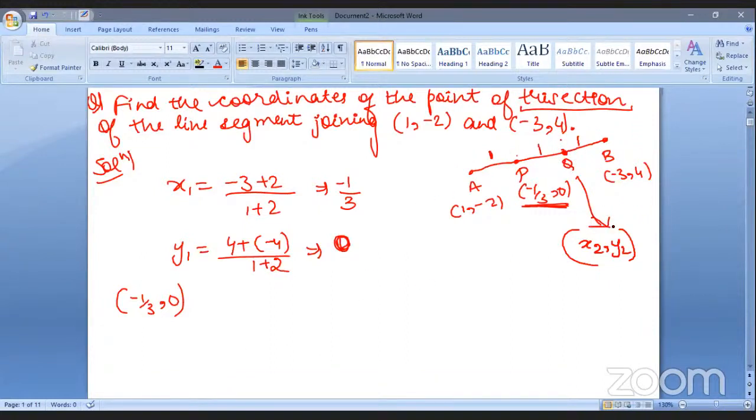But another way of doing the same thing is this: if this point divides this line segment in the ratio 1:1, it has to be the midpoint. So how can we find it? X2 will be equal to minus 3 minus 1/3. Just a second.